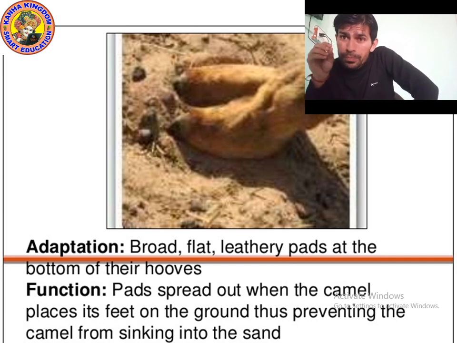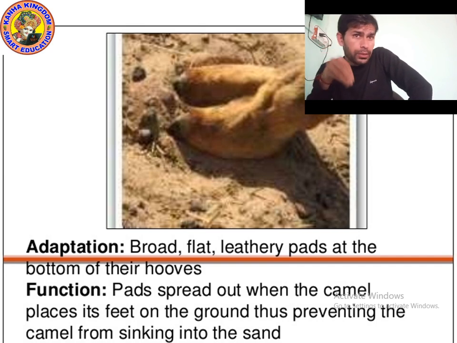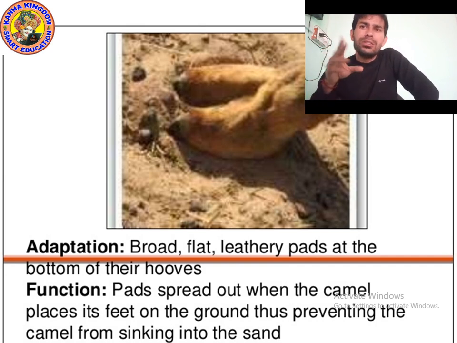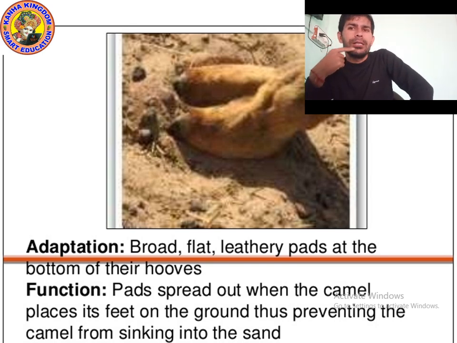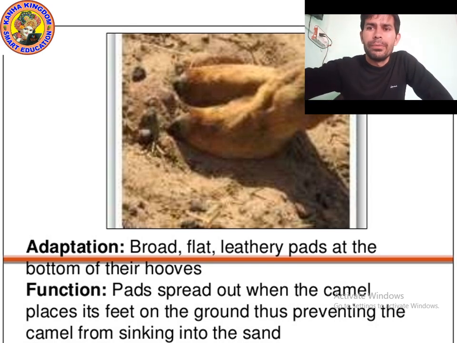So their feet do not sink into the ground. I hope you understood. Let's see two more adaptations of the camel. Let's move on to the next point.